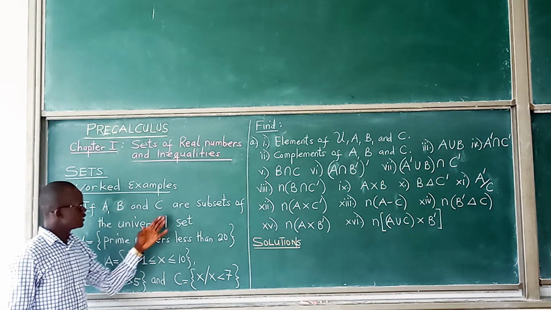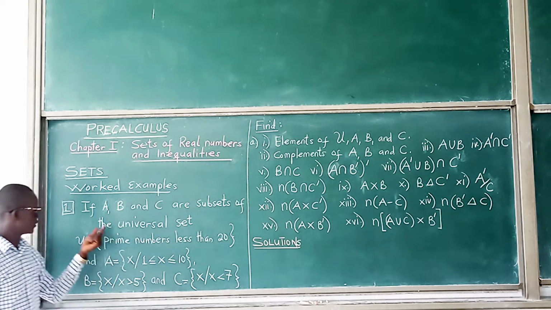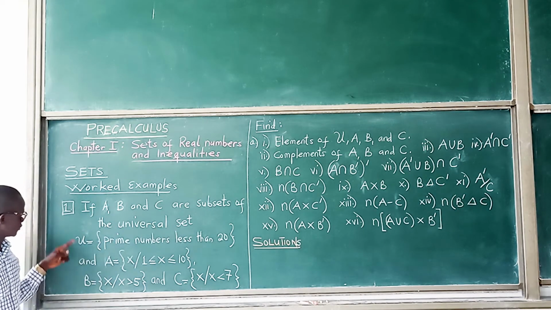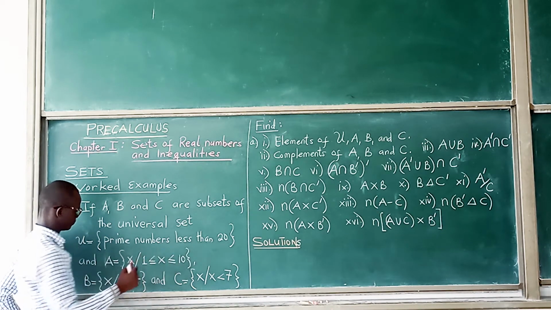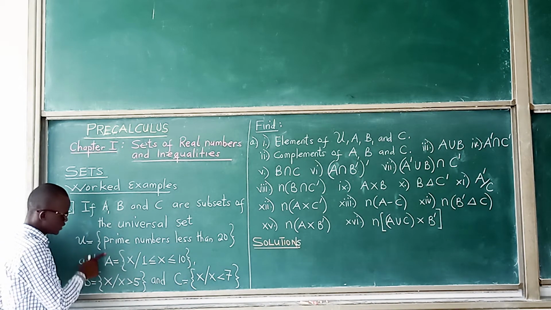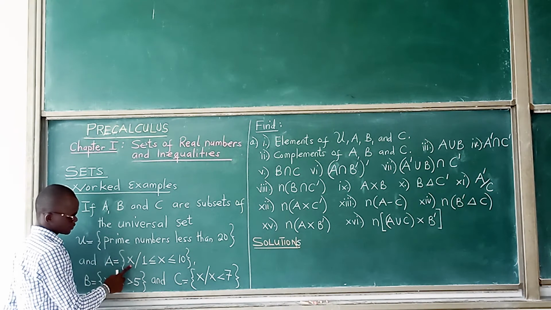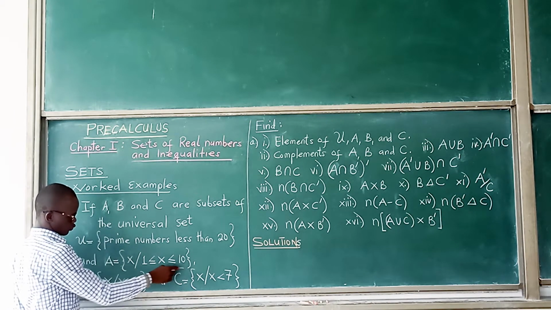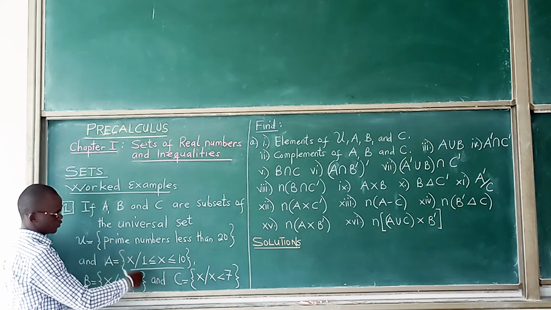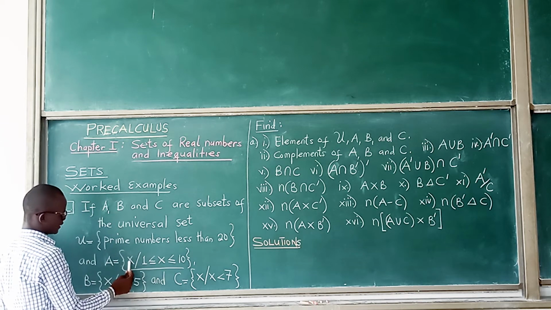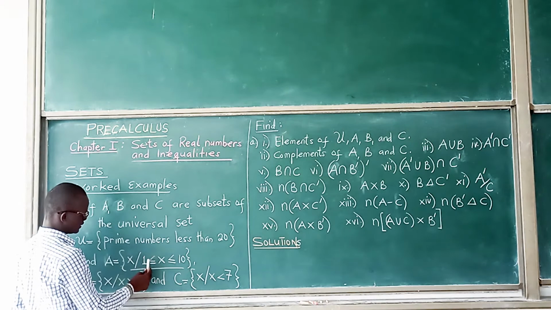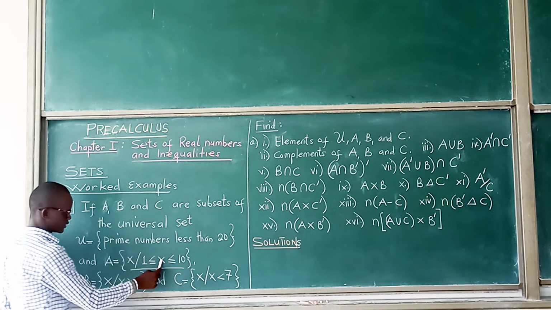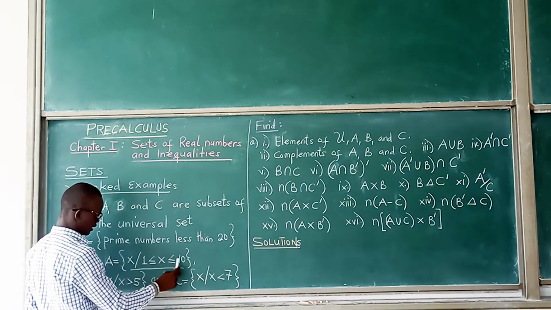If A, B, and C are subsets of the universal set U, which is equal to prime numbers less than 20, and set A equals all x, remember this is in set builder notation, all x such that 1 is less than or equal to x, and x is also less than or equal to 10.